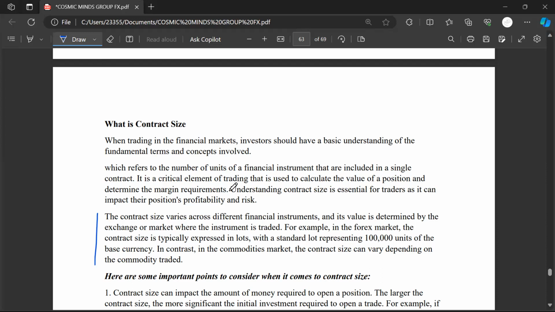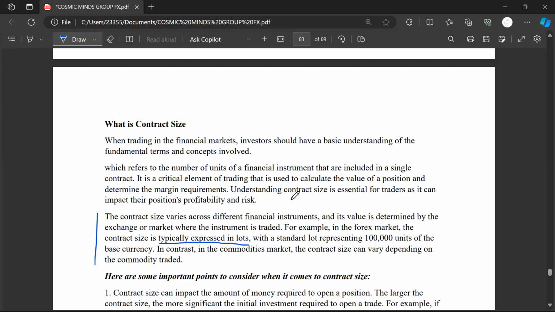So the contract size varies across different financial instruments, and its value is determined by the exchange or the market where the instrument is traded. For example, in the forex market, the contract size is typically expressed as what? In lots.